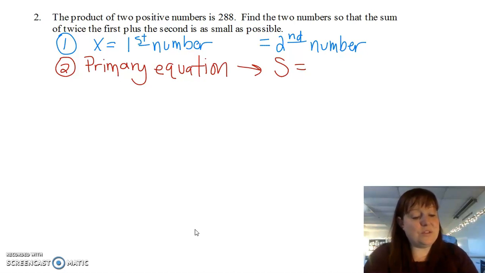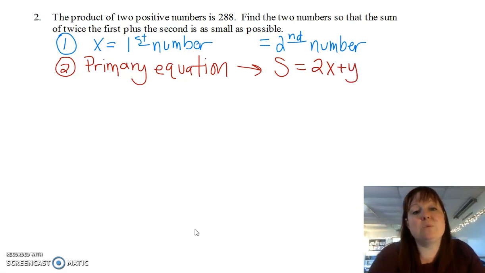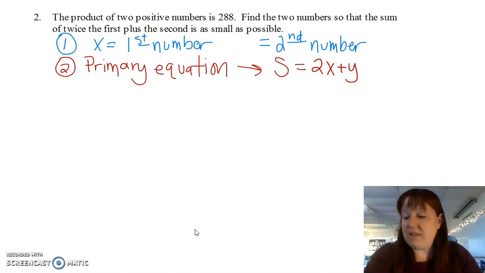So the sum of these two numbers, 2 times the first number plus the second number, we want to minimize the sum. When we add these two numbers together, we're trying to minimize that answer. And then isolate whatever needs to be minimized or maximized. In this case, it's already isolated because it's that answer. This is what we're trying to minimize, the answer when we add the two together.